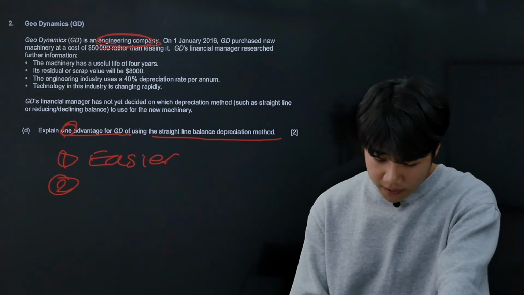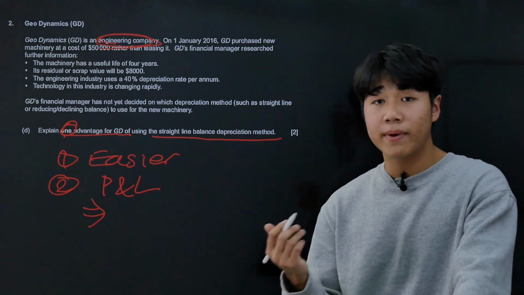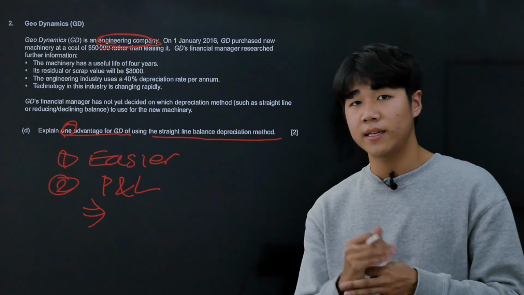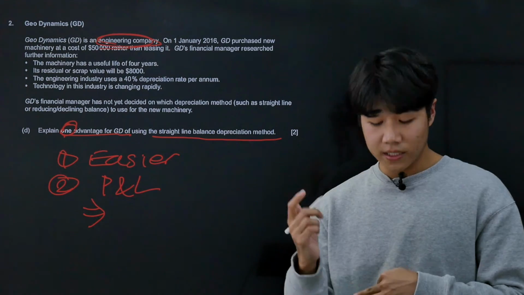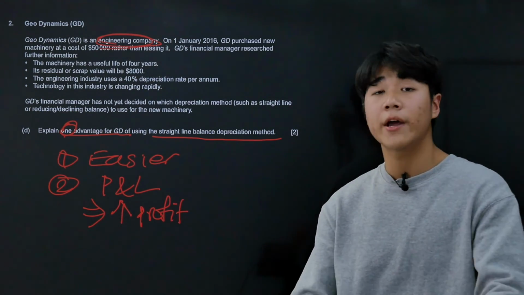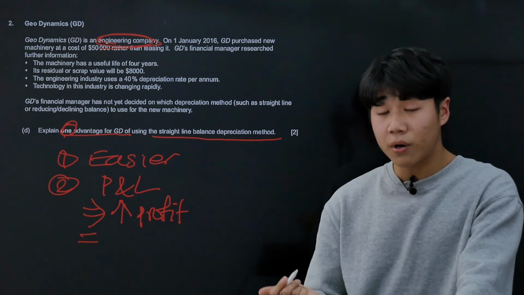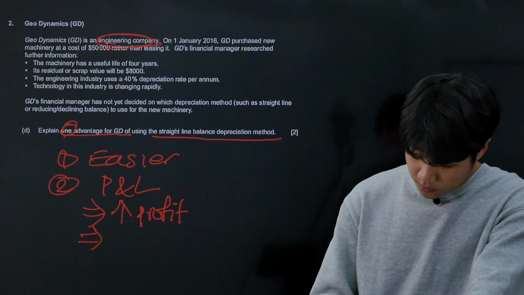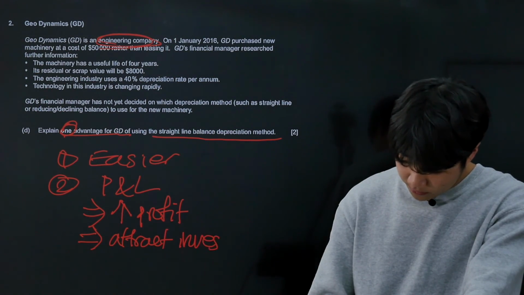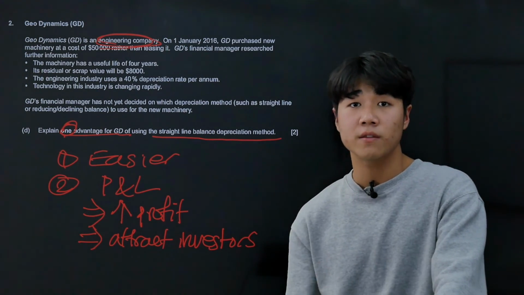So in a profit and loss account, straight line balance method will show a constant and lower expense in their profit and loss account. Thus, it will result in a higher profit. And what does higher profit do? It attracts investors. So that would be the best case for GD.